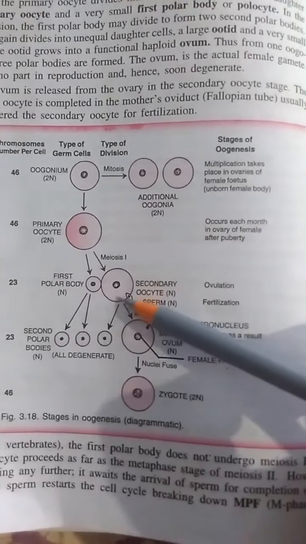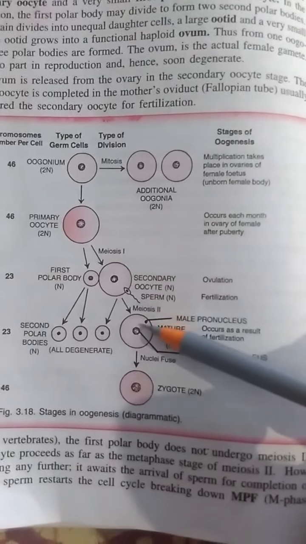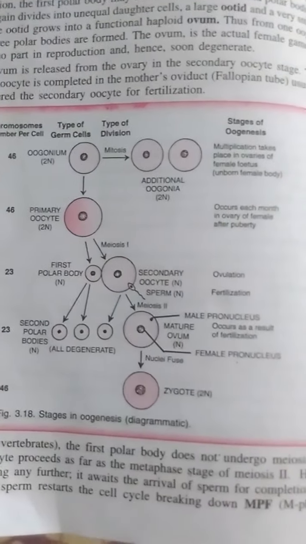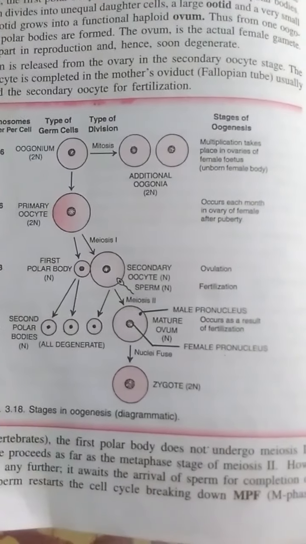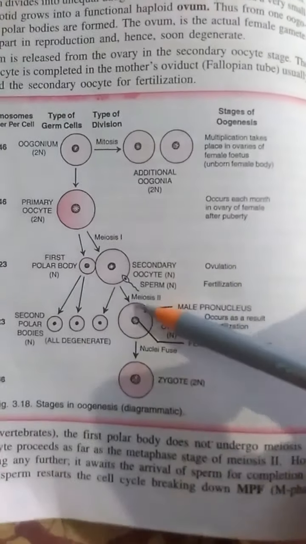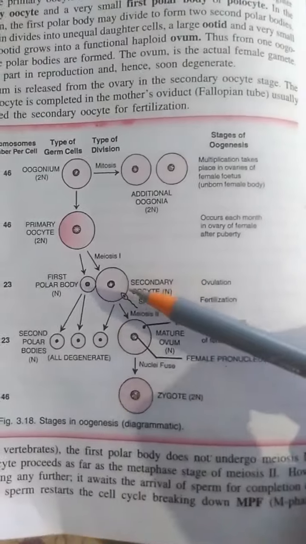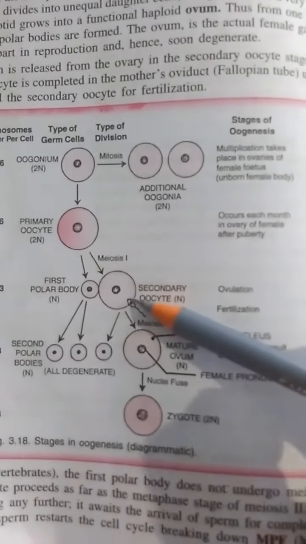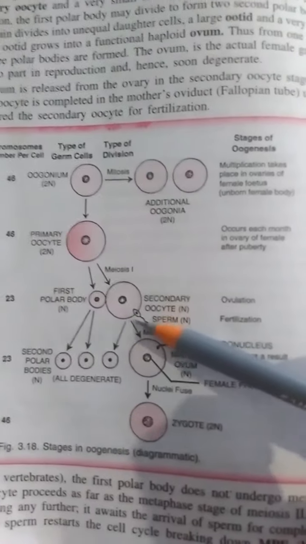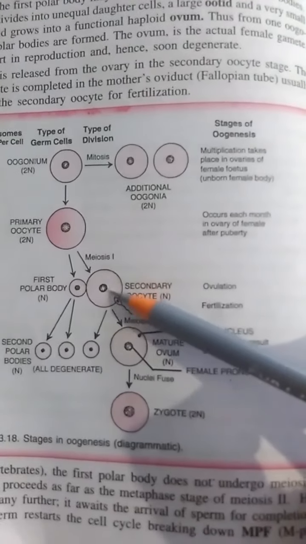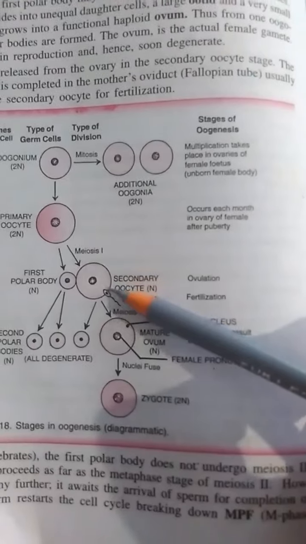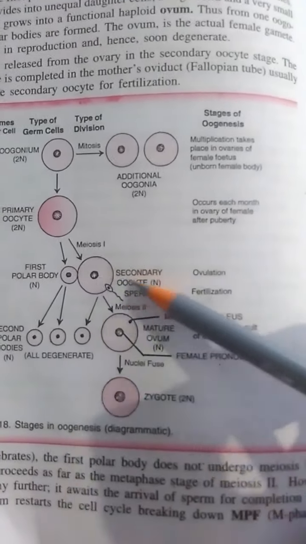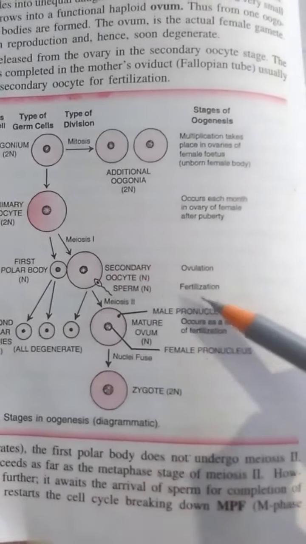Secondary oocyte then undergoes meiosis 2, though we have studied that it does not complete meiosis 2 immediately. Rather, meiosis 2 is also stopped at metaphase 2, and there it waits for the entry of sperm, right? That means if the sperm does not come, then the egg will get destroyed at metaphase 2 only, at secondary oocyte stage only.